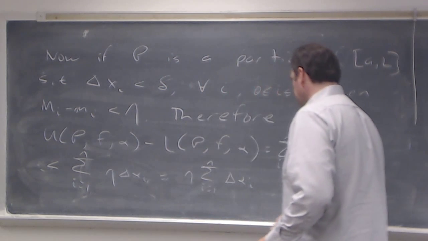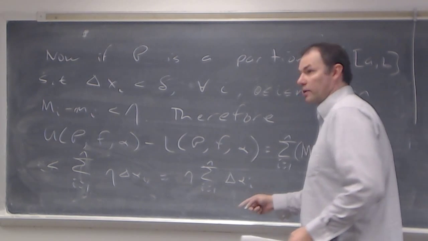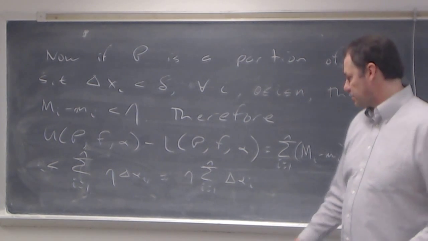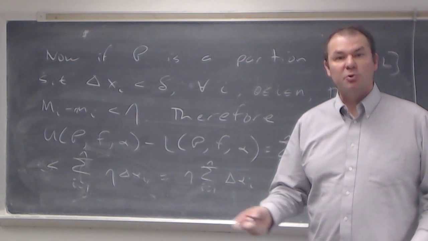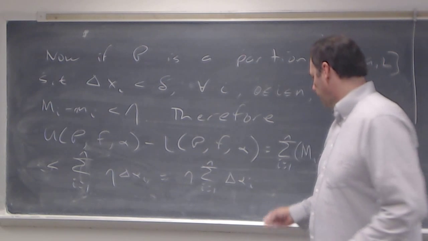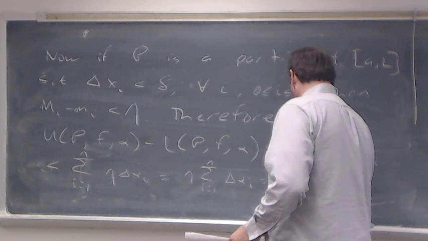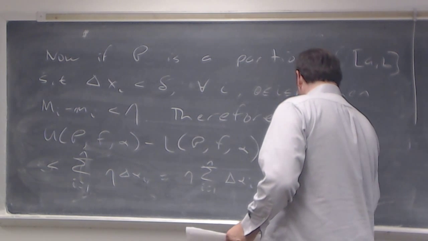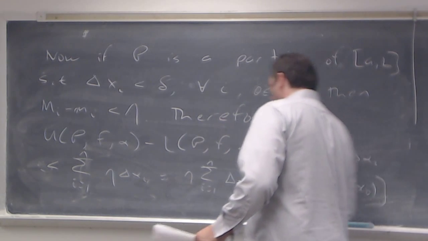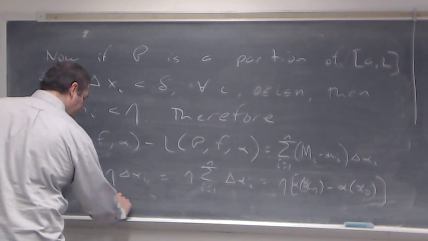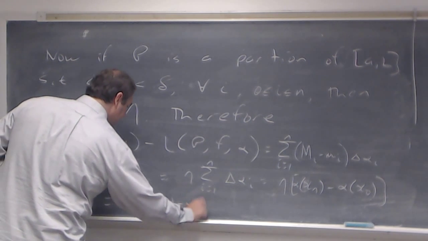And so here, the delta alpha sub i's, when you sum them up, we've seen this before, really in the last lecture. If I were to write all these out, most of the terms would cancel with each other, and we'd just be left with eta times alpha of x sub n minus alpha of x sub 0, which is equal to eta times alpha of b minus alpha of a.